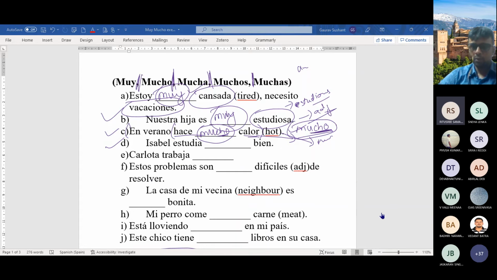Number D, Isabel estudia. I would like to know that also. Devika, can you try? Sorry, she's not there. Ritik Bansal, can you try? Sir, I didn't understand this concept well.